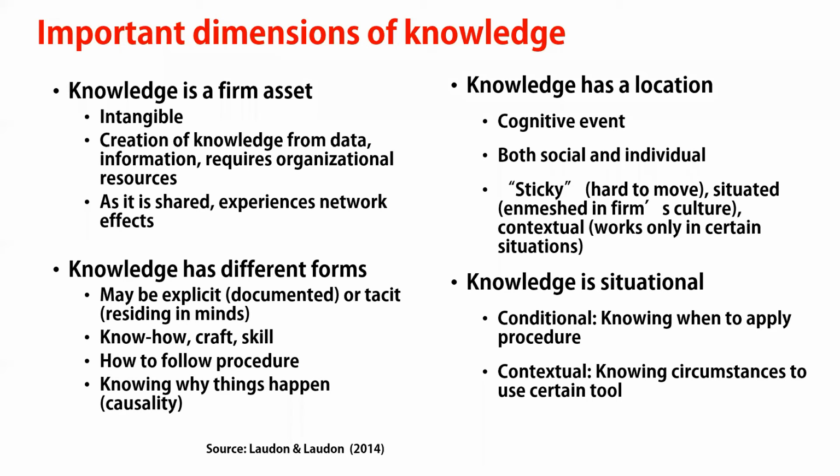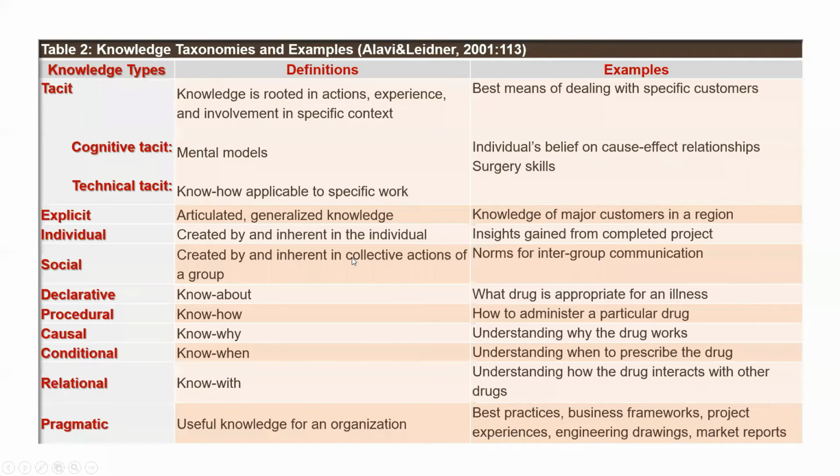Okay, and when we look at the taxonomy, there are various knowledge types. This is taken from Alavi and Leidner. So you will see tacit, cognitive tacit, technical tacit. You can go deeper than that. Knowledge is rooted in action, experience, and involvement in specific contexts. Explicit, like we mentioned, is generalized knowledge.